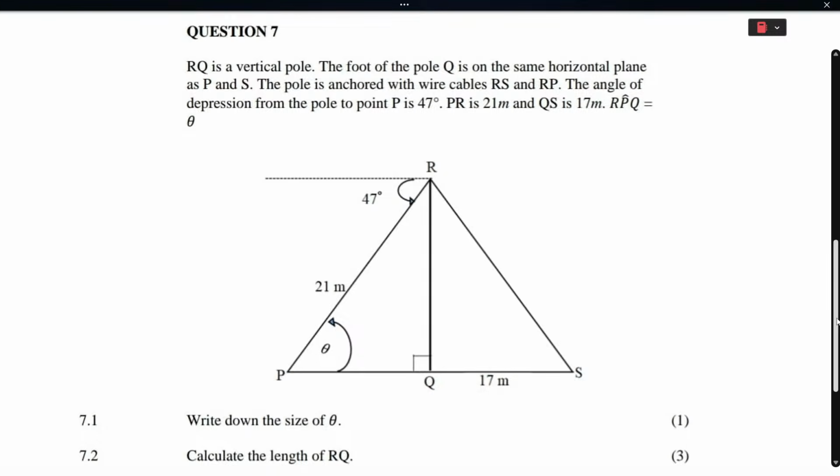Calculate the size of theta. What is the size of theta there? Write down the size of theta.